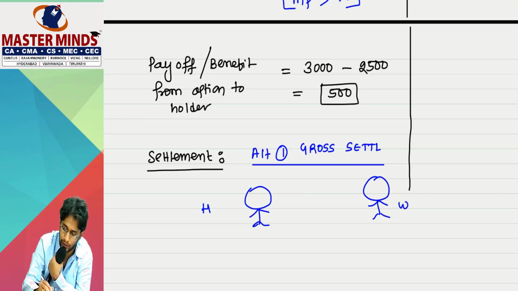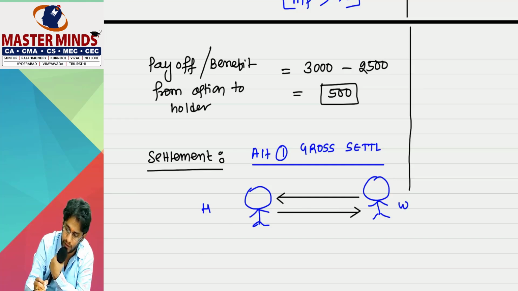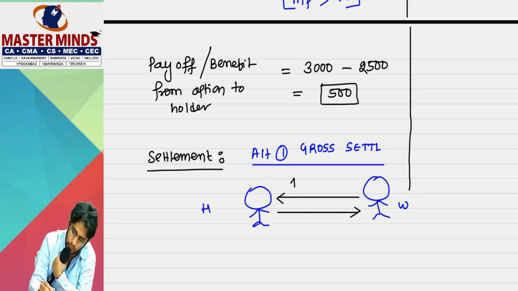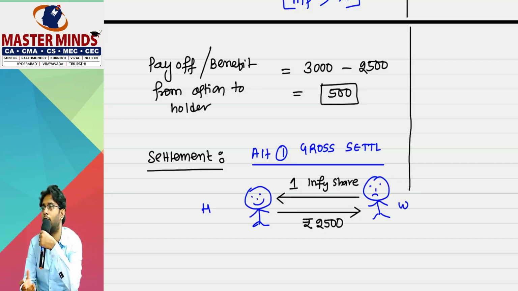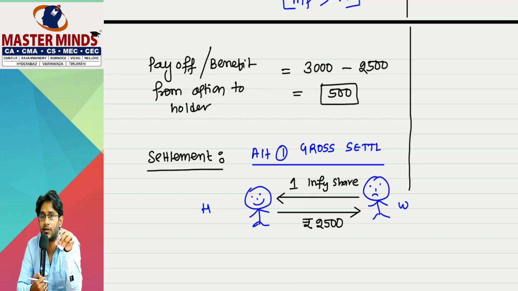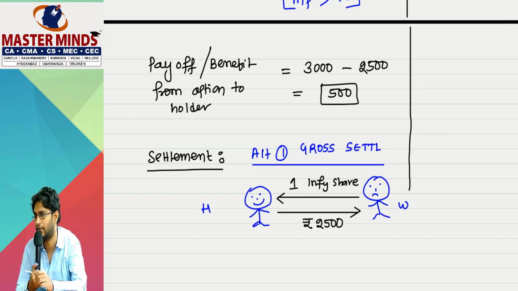Holder agreed to buy the share, so buy. Pay 2500, and you will get one Infosys share. This fellow is sad, this fellow is happy. Why is he happy? A 3000 worth share I am buying only at 2500. That fellow is selling a 3000 worth share to me only at 2500.